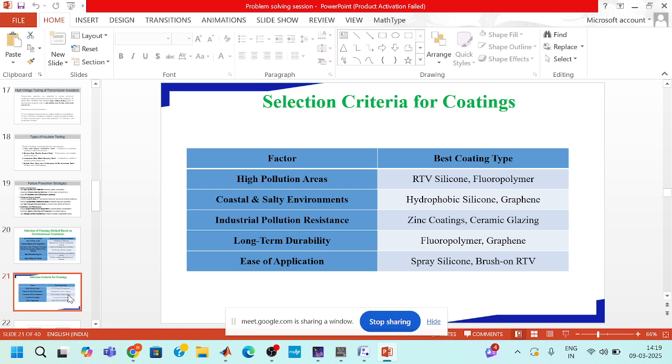For coastal and salty environments, we see hydrophobic silicone or graphene coatings, and for industrial pollution resistance the best coating types are zinc coating and ceramic glazing. For ease of application, we simply apply spray silicone and brush-on RTV.